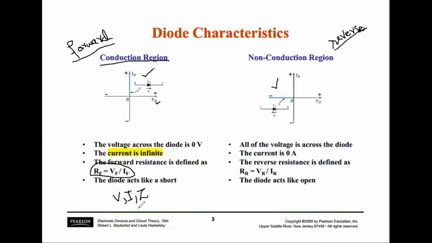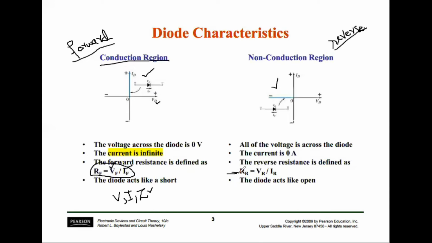If you want to find out any one of these things, you should have any two of these three. So if I want to find out the forward resistance of a diode in the non-ideal case, I should have the voltage drop across the diode and the current flowing through that diode.